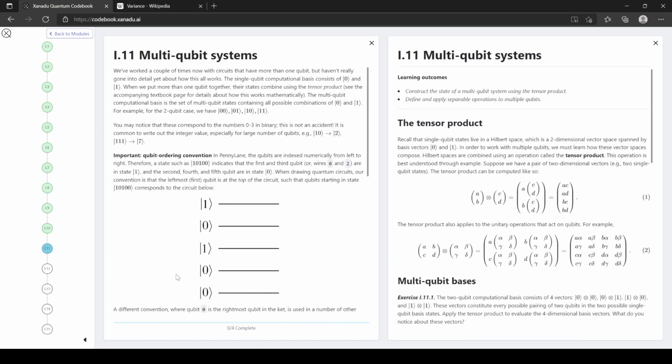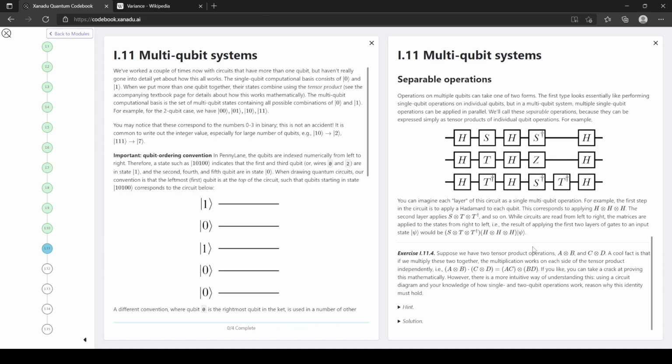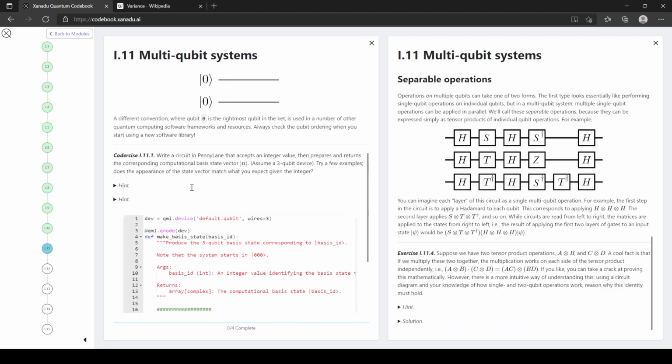Multi-qubit systems. We have the tensor product notation over here. Multi-qubit bases, separable operations. All right, write a qubit circuit that represents the state vector n.